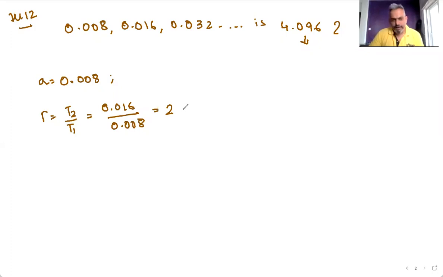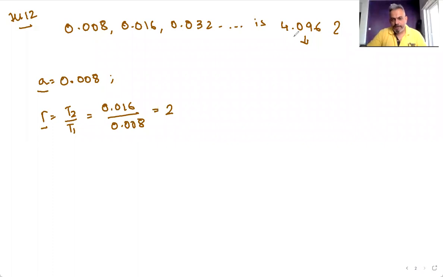Now do this on the calculator, how it came. Okay, you just use a calculator and do it so that there's no confusion. So 0.016 upon 0.008, you will get 2. So we have A, we have R.